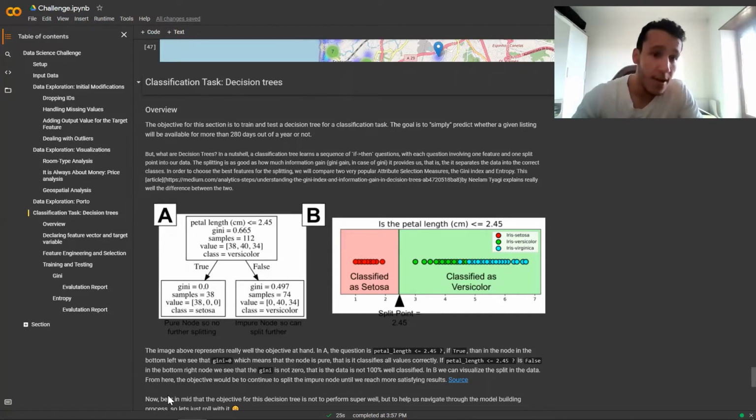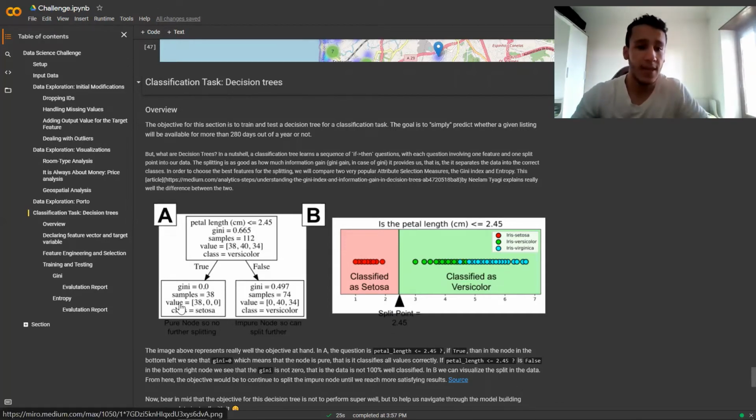For example, here we are going to analyze flowers, and we look at the petal length: is it below 2.45? If yes, then we have our first class, Iris setosa. And this is a pure node because it classifies every sample in the same class.